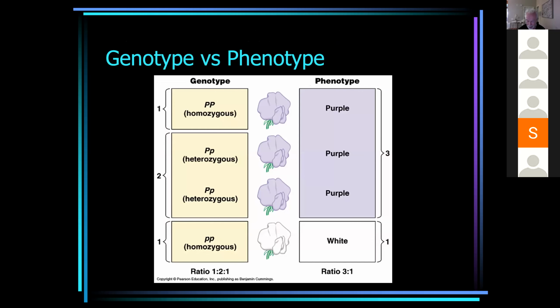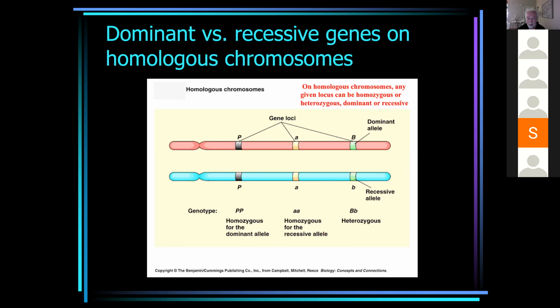Professor, what is a homologous chromosome, though? Homologous chromosomes are homozygous at all loci, with the exception of you can have particular loci at which you have different alleles.